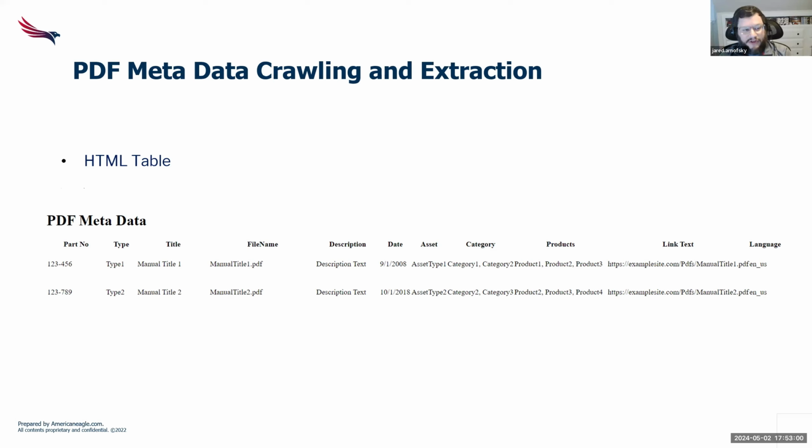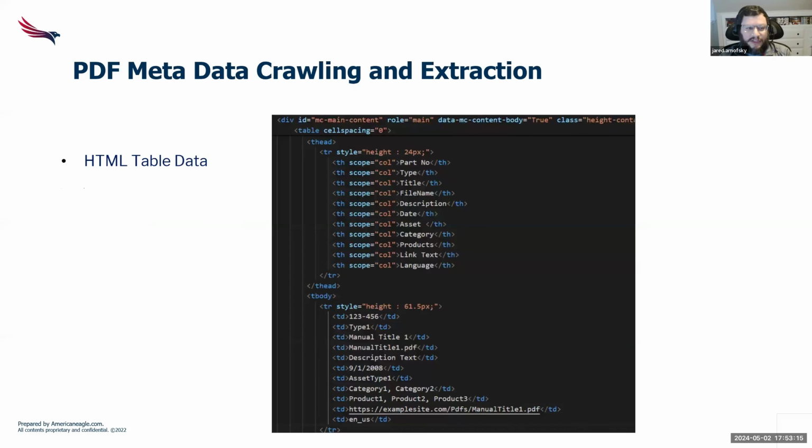So we had certain fields like the type, the title, the file name, the description, all these same fields that you saw in the metadata before. And then you see language and the link text. The link text is important because that's the actual link to the PDF. This is just the HTML of what I just showed you, just one row of data.